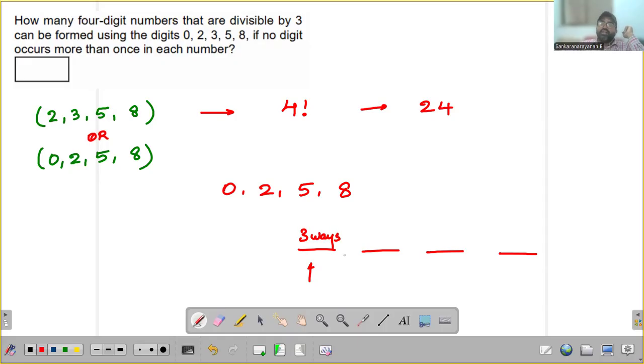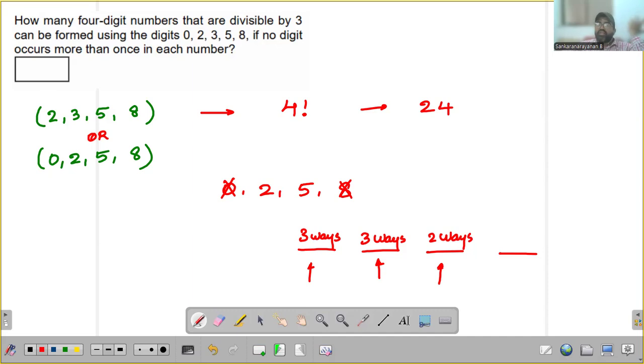Got it? Let me say I used 8. Then I am left with 3 digits, and one of these 3 digits can be used in the hundreds place. So the hundreds position can be filled in 3 ways. Suppose I use the digit 0, then the tens position can be filled in 2 ways, either with a 2 or with a 5 maybe.